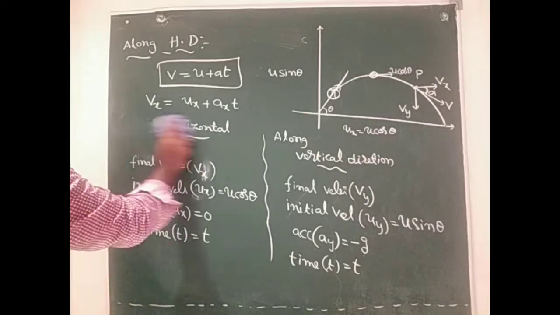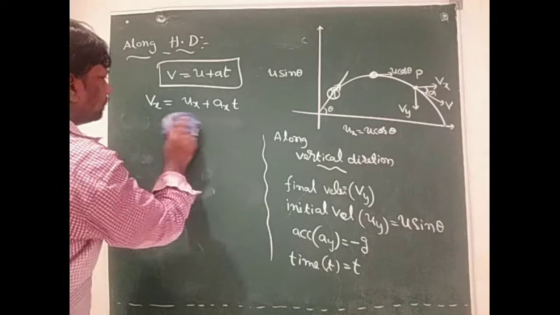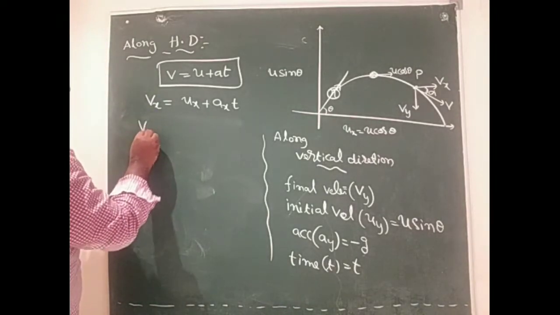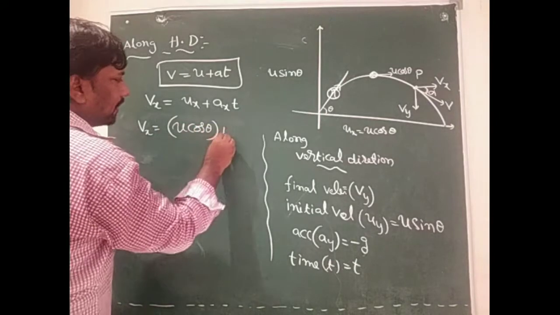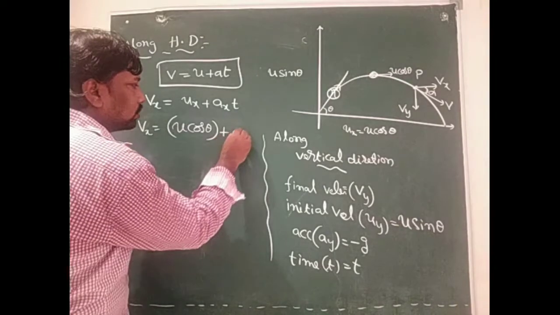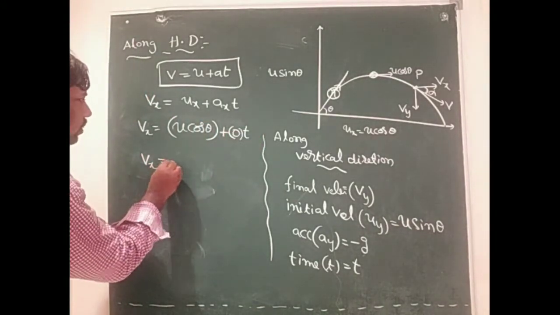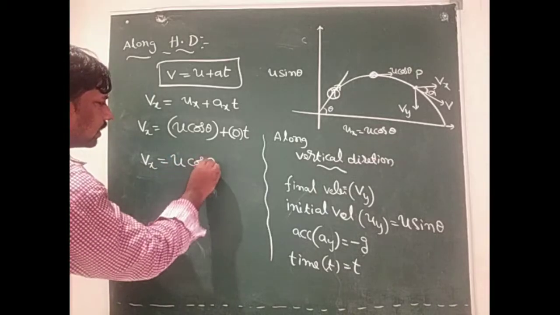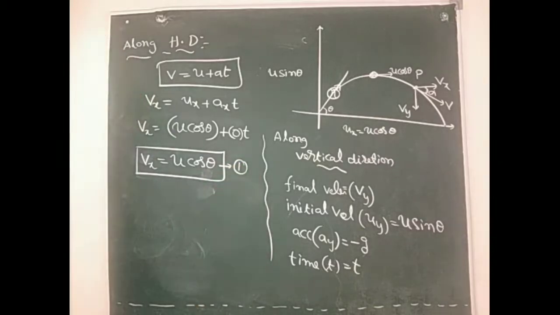So now vx equal to ux means u cos theta plus, here along horizontal direction there is no acceleration, so 0 into t. So therefore vx equal to u cos theta. So this is equation 1.